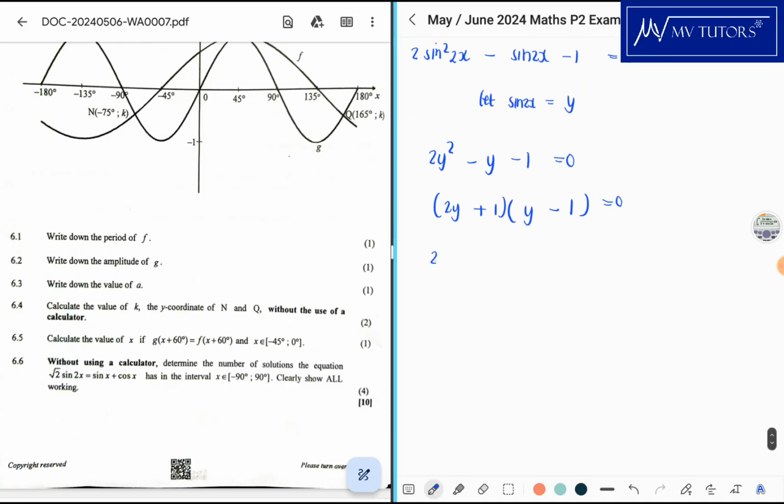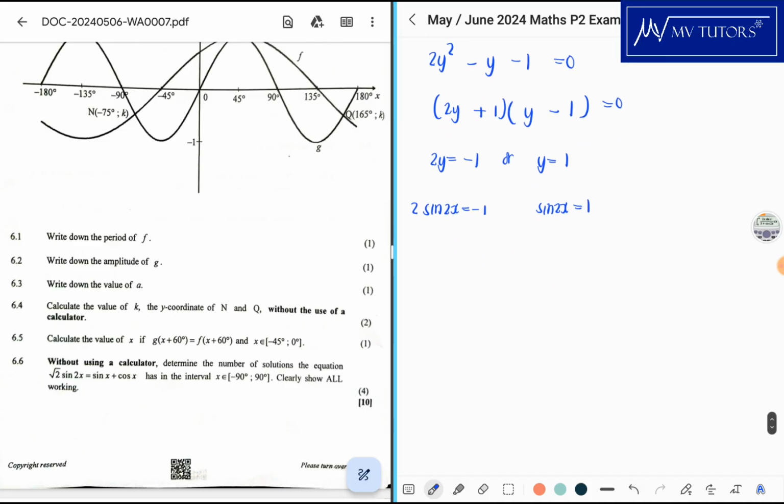So basically you can say 2y is equal to negative 1, or y is equal to 1, but we are not solving for y, so just please bring back the sine 2x. So basically you have 2 sine 2x is equal to negative 1, or sine 2x is equal to 1. Now let us solve this.